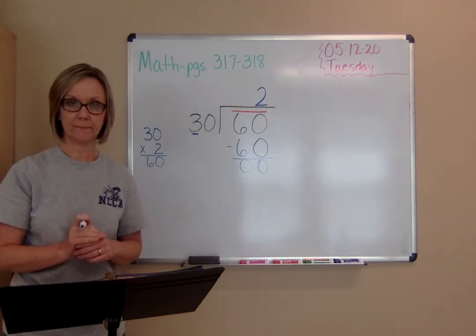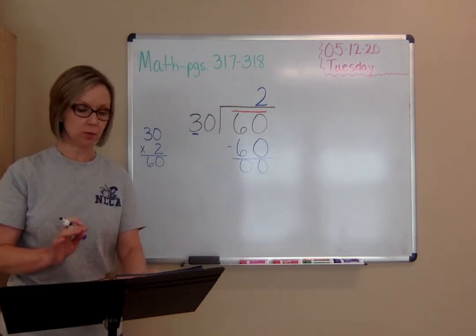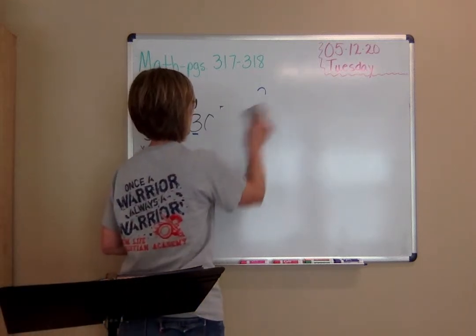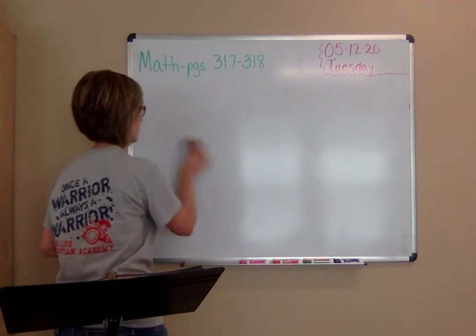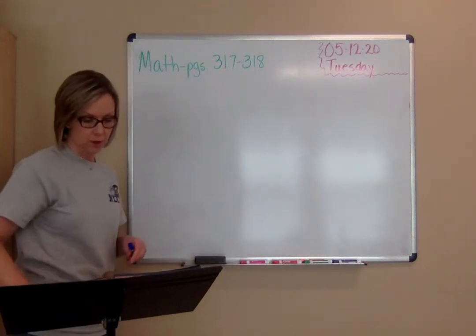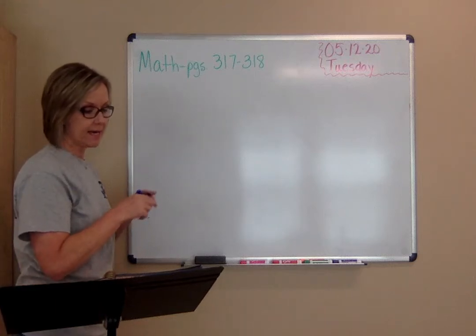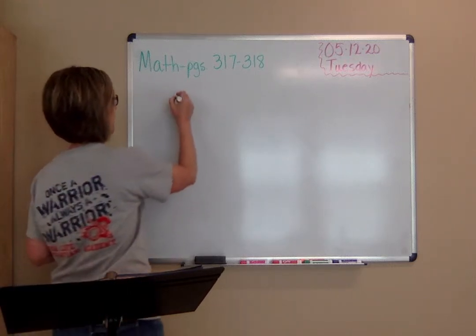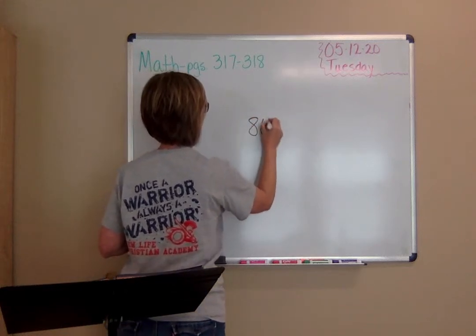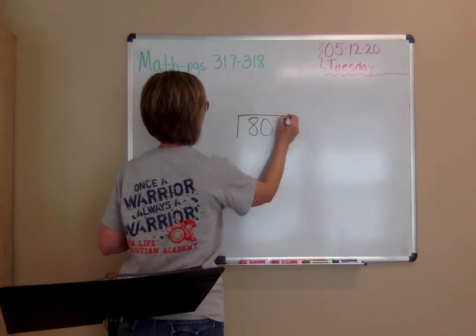Okay? So now that we've seen the example, let's look at number 1. So give me just a second to catch you here. Number 1, we have 1A is 80 divided by 40.